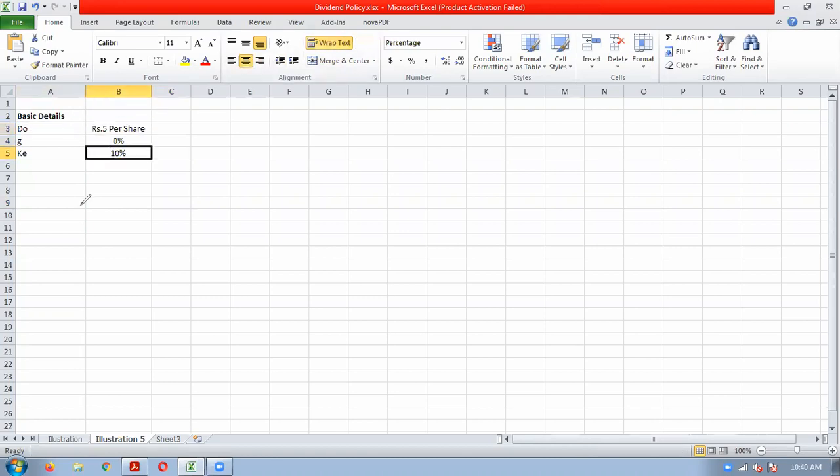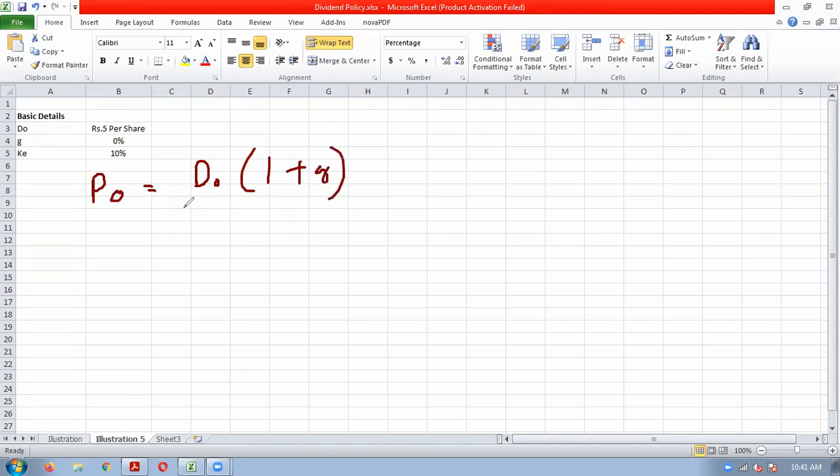So P0, we will have to find the market price. What is the formula for the Gordon growth model? D0 (1 plus G) divided by KE minus G. So D0 is 5, growth is 0, so 1 plus 0.